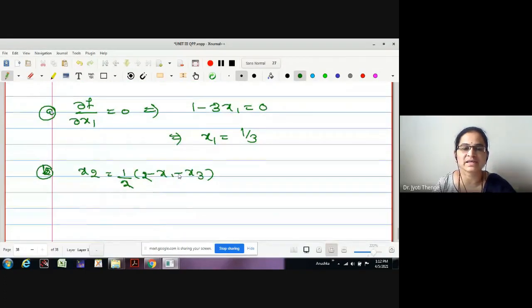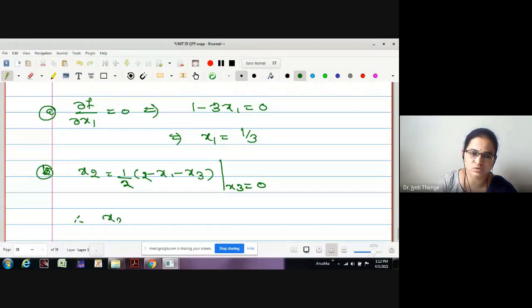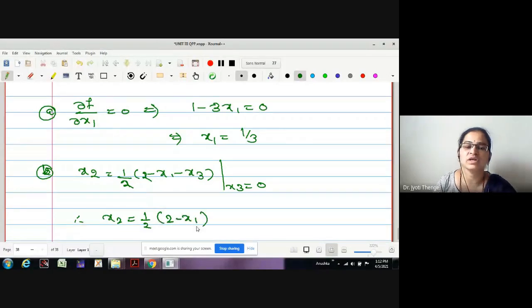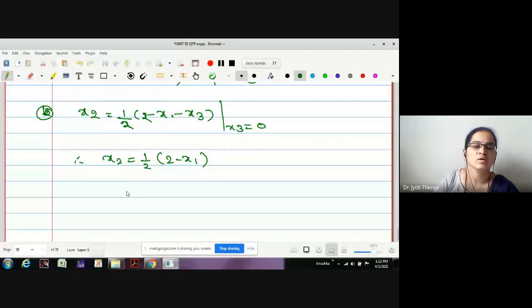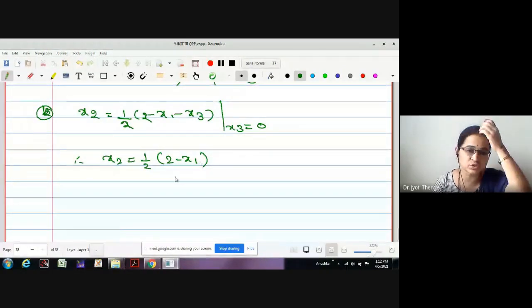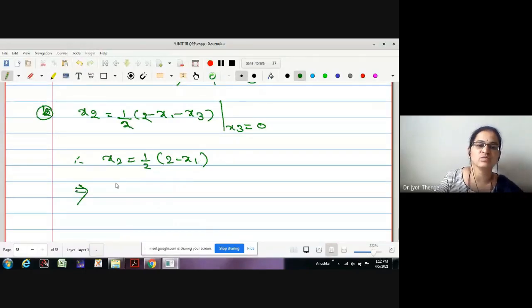Okay, now what is the maximum value x1 can take? Let me put x3 as 0. Therefore, x2 equal to half of 2 minus x1. What is the maximum value x1 can take without making x2 negative? Instead of thinking directly on negative, you can find the value of x1 for which x2 becomes 0. x1 equal to 2 is the value for which x2 becomes 0.